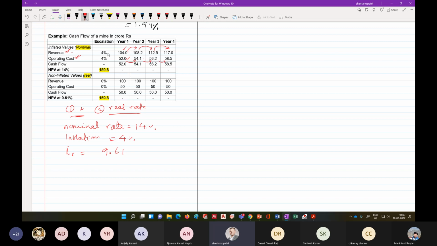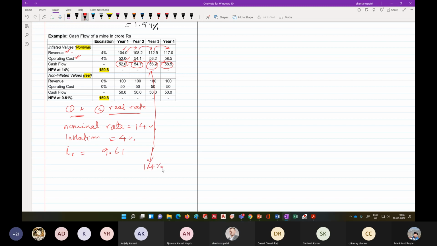So if you calculate the cash flow, it is 52 in the first year, 54.1 in the second year, 56.2 in the third year, and 58.8.